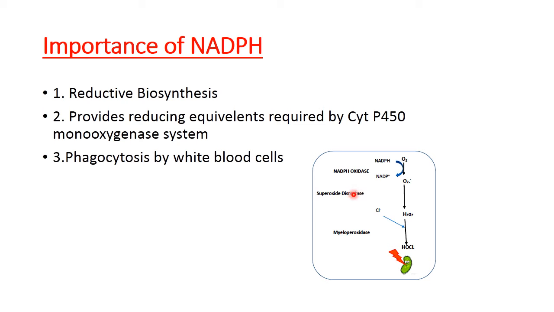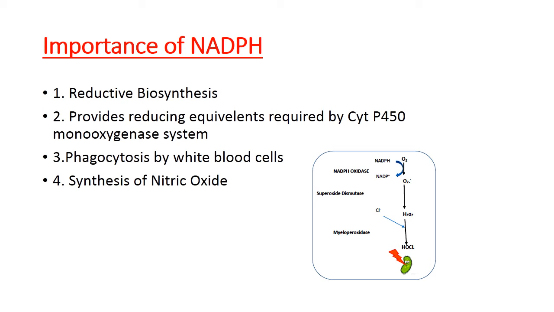Now, this superoxide will be acted upon by superoxide dismutase and converted to hydrogen peroxide. This hydrogen peroxide will react with the chloride anion and form HOCl. This catalysis is taken care of by the enzyme myeloperoxidase. Now, this HOCl will act on the bacteria and cause lysis of the bacterial cell.